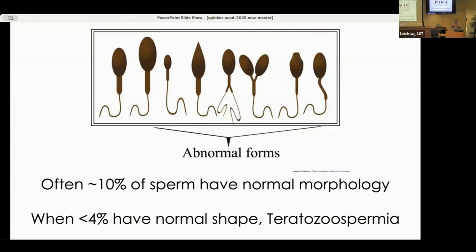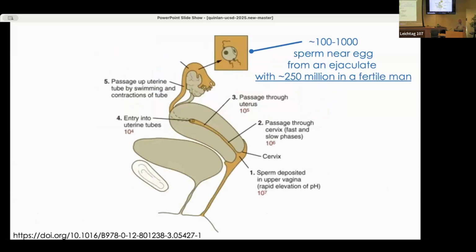One of the ways that infertility or subfertility manifests in men is if you're producing fewer sperm, it reduces the likelihood that there's a single gamete that can make it all the way to fertilize an egg. And so the numbers game works out something like 10 to the 7th gametes are delivered, but only 100 to 1,000 actually make it close enough to an egg to facilitate fertilization.